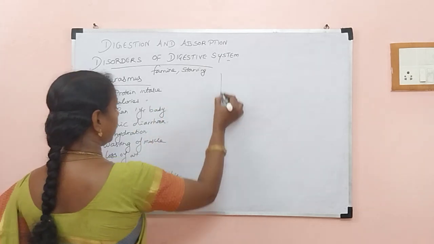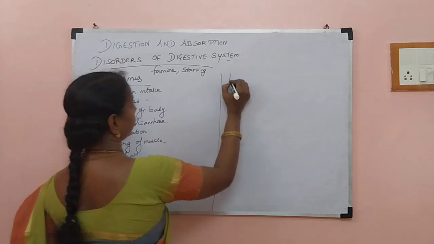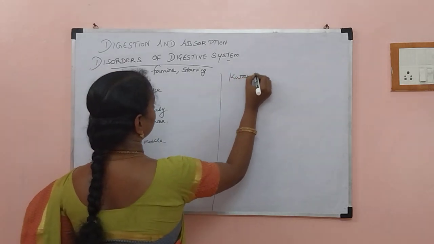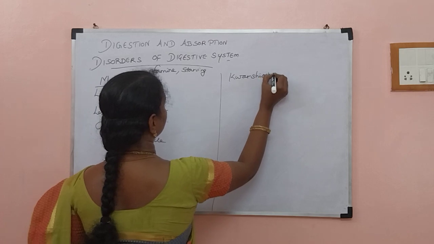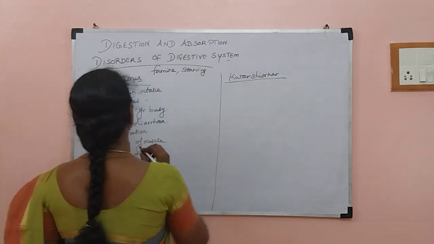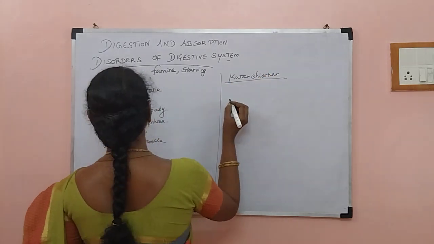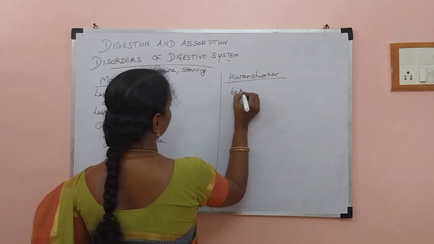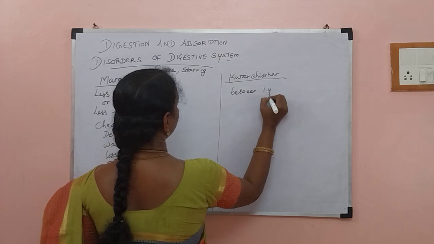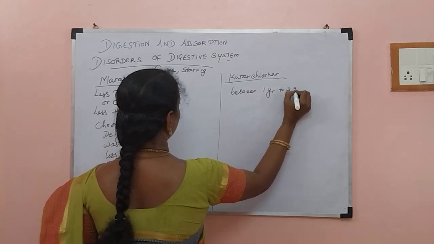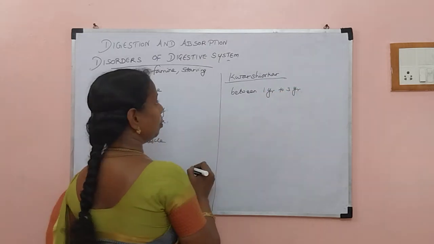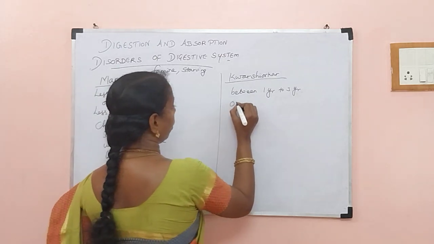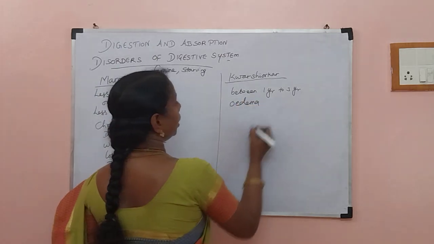If you take the other side, Kwashiorkor, it is also due to less protein in food, and it affects children between 1 year and 3 years. Here the important symptom is edema. Edema means swelling, children.